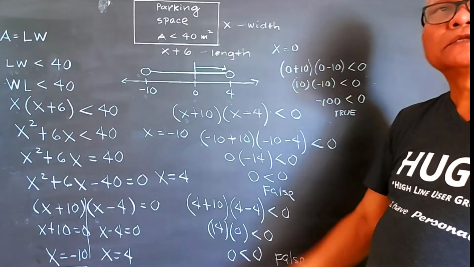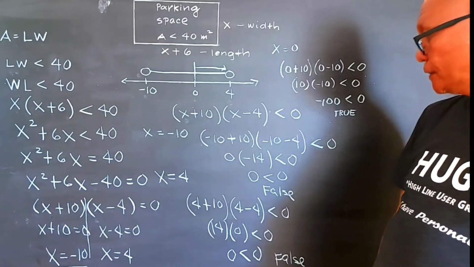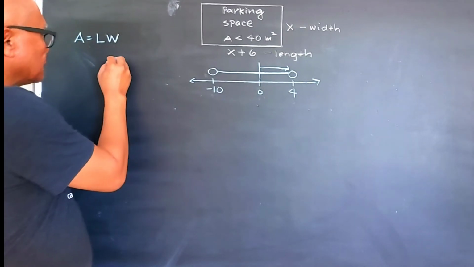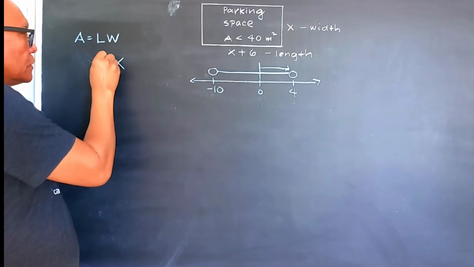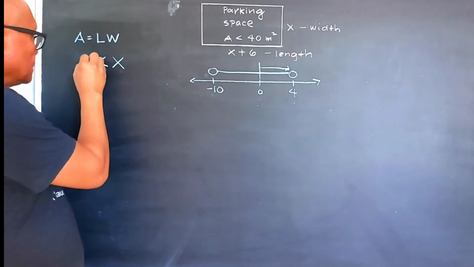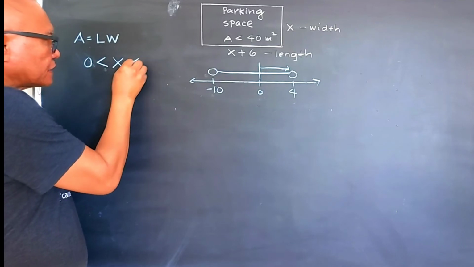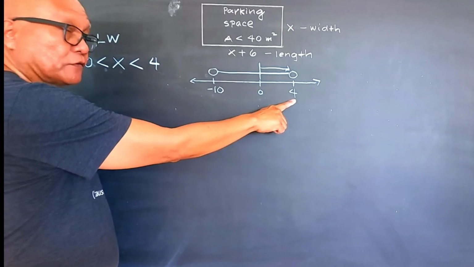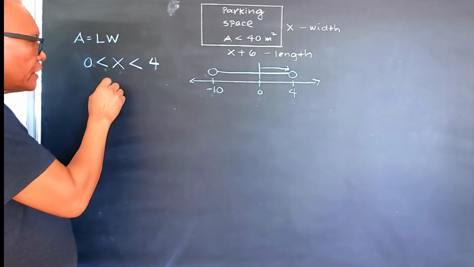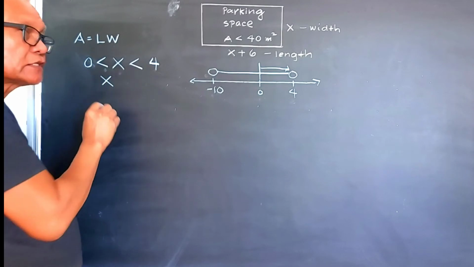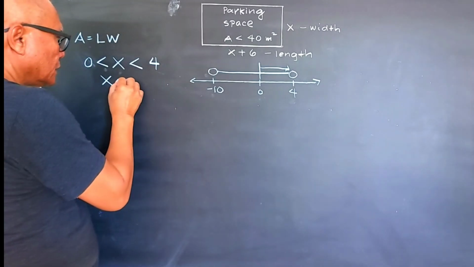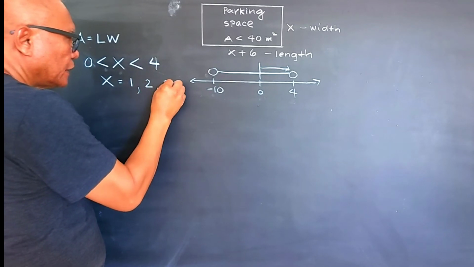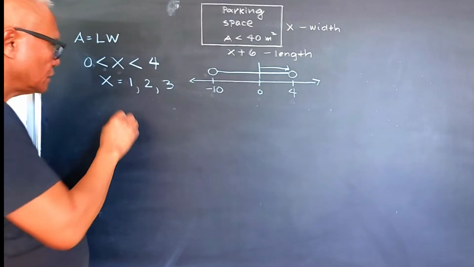So the width, which is x, should be greater than 0, but x must be less than 4 meters. You can choose the value of x to the nearest meters: we have choices 1, 2, and 3 meters.